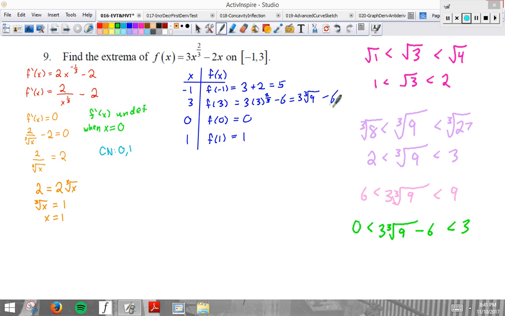So we see firmly that this number is certainly less than 5, because it's less than 3, and it's certainly bigger than 0, which makes our absolute max going to be 5, and our minimum of f is going to be 0.